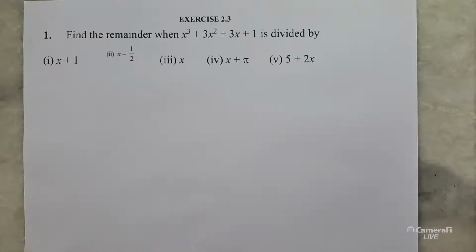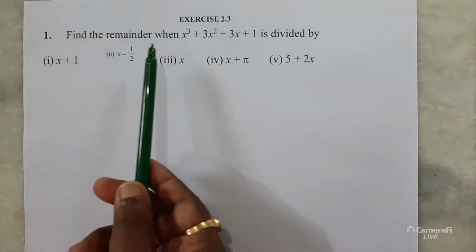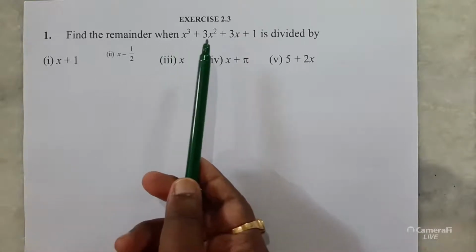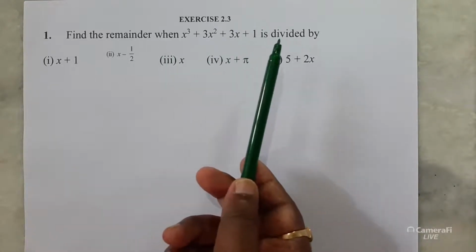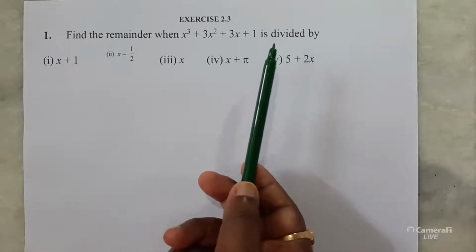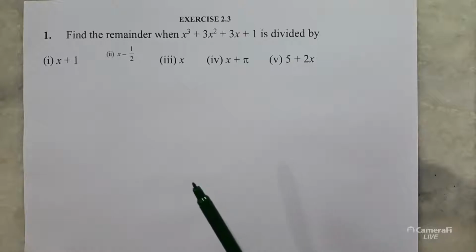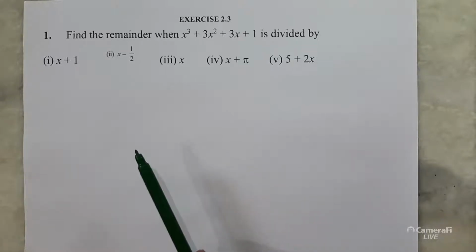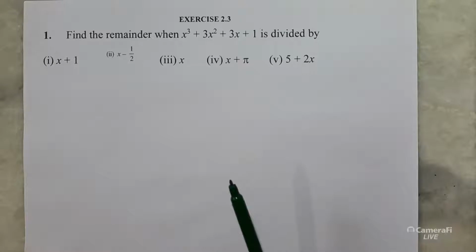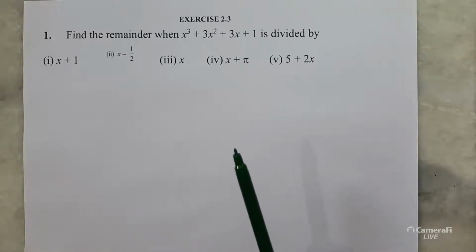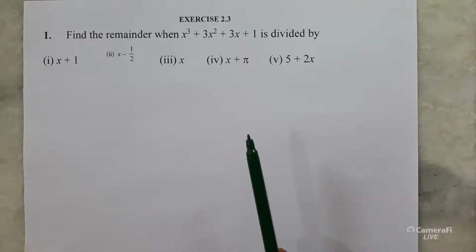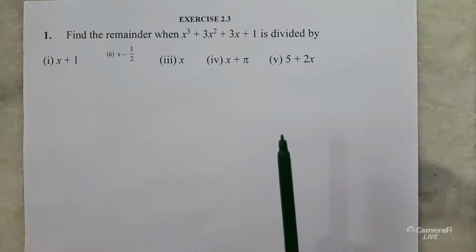Since the question does not mention whether you have to determine the remainder by the remainder theorem or by actual division, a student can follow either method. But if the question mentions a specific method, then you have to follow only that method.